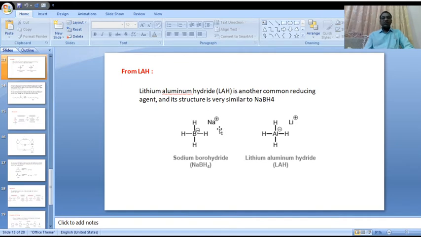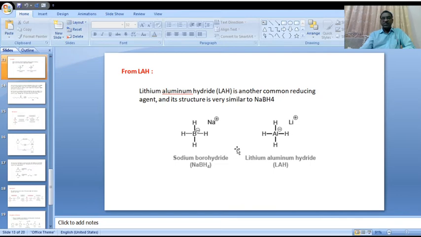Lithium aluminum hydride is another common reducing agent, and its structure is very similar to sodium borohydride. Both reducing agents are very similar.